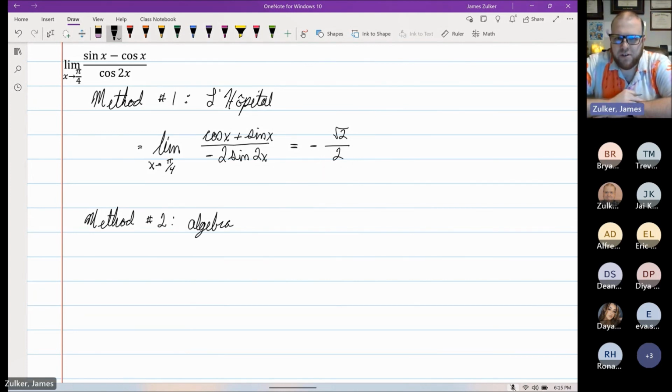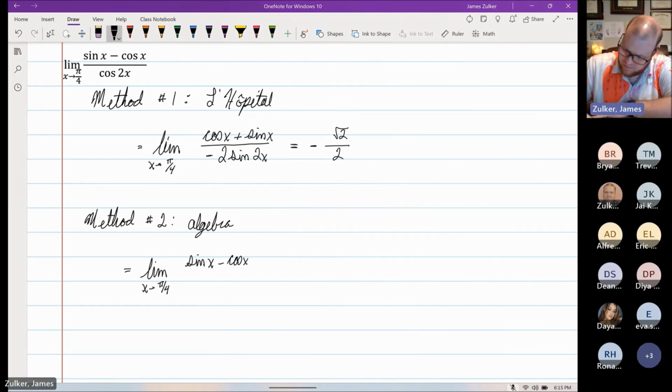Second method is just algebra. Cosine of 2x is cosine squared minus sine squared.